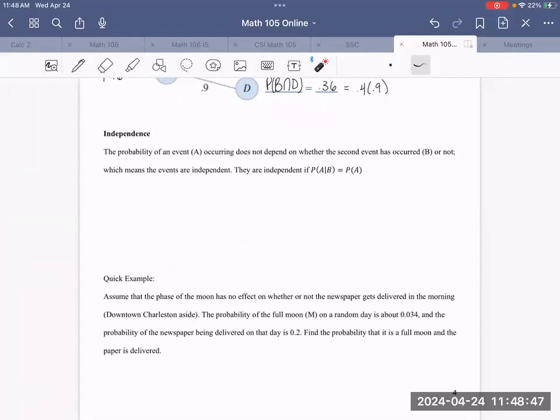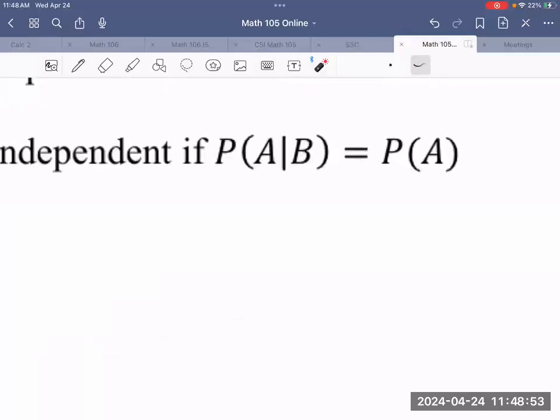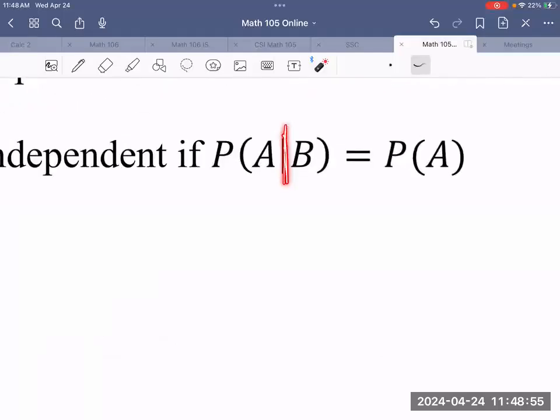Now, independence. Independence means the probability of an event A occurring does not depend on whether the second event B has occurred or not, which means they are independent. So if they're independent, this condition, the probability of A given that B has already happened, is actually just equal to the probability of A itself.